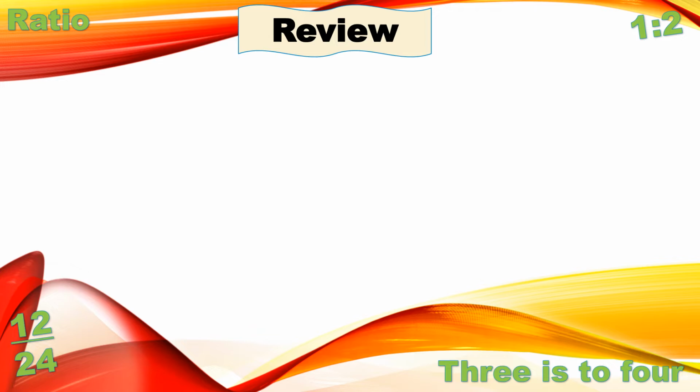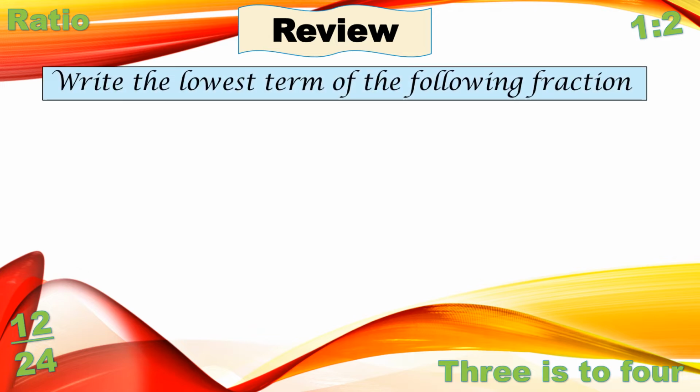Another, write the lowest term of the following fraction. So again, how do we find the lowest term of a fraction? Okay, so by getting the GCF or the greatest common factor. I will give you 10 seconds to answer this.